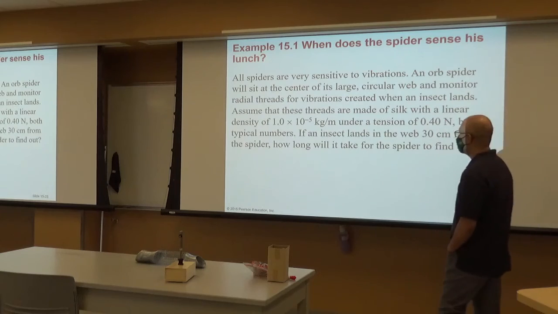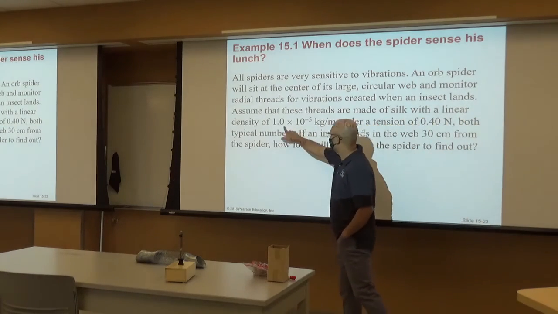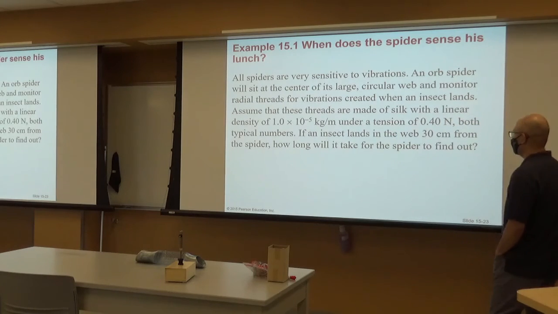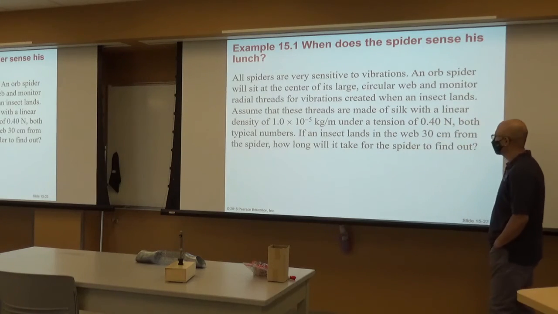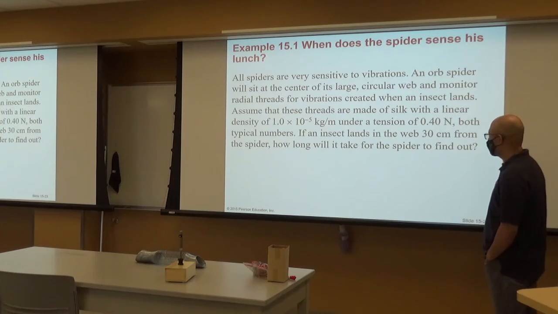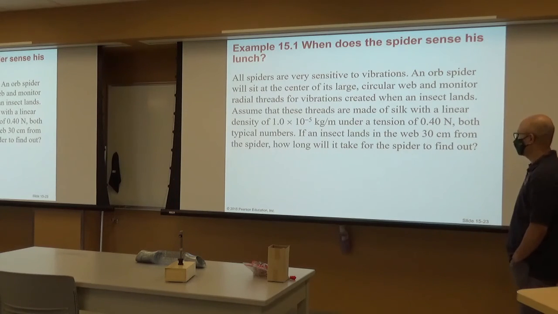The spider web has a density of 1 times 10 to the negative 5 kg per meter, and it's under a tension of 0.4. If the insect is 30 centimeters from the spider, how long will it take for the spider to find out?